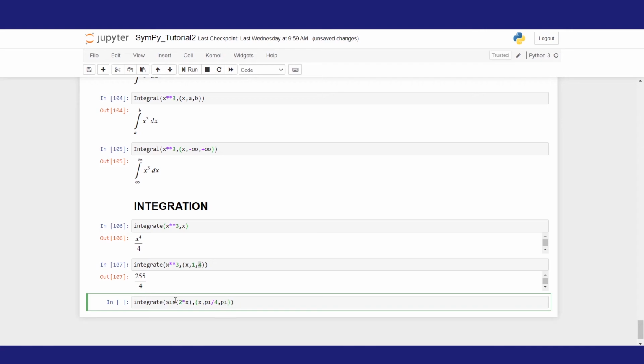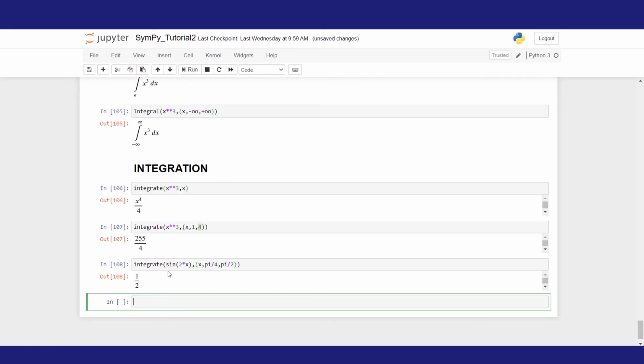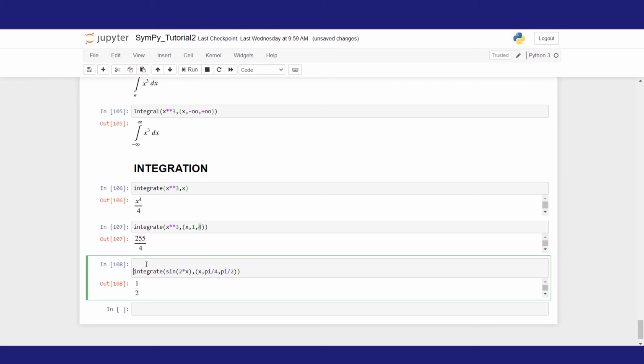All right, so let's see what answer we come up with here. It's just a half. As well, I can first print out the integral to display it, which is the integral of just this, as it is. Let me paste it here.